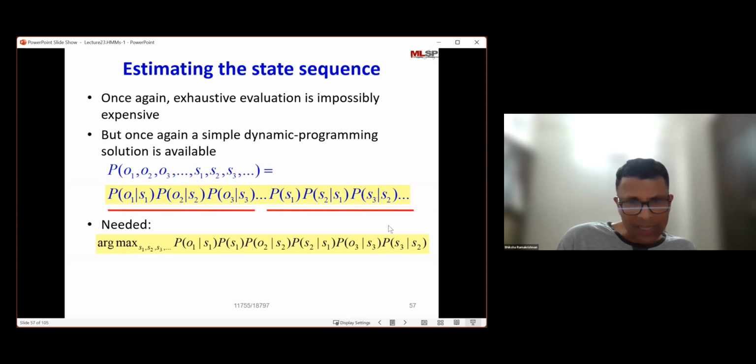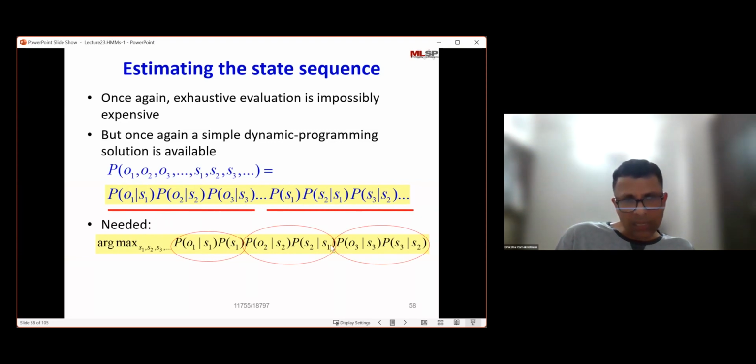Now I can restate this by grouping things together. I can group this first P of O1 given S1 with P of S1. That's my first term. I can group P of O2 given S2 with P of S2 given S1, and so on.